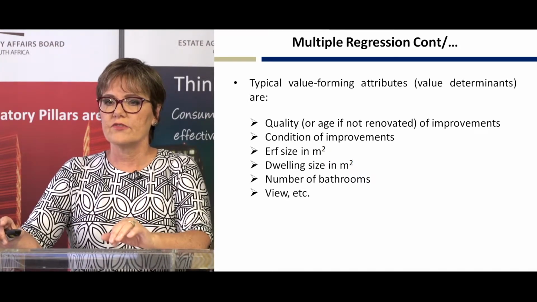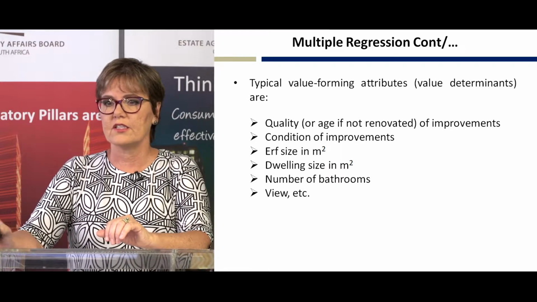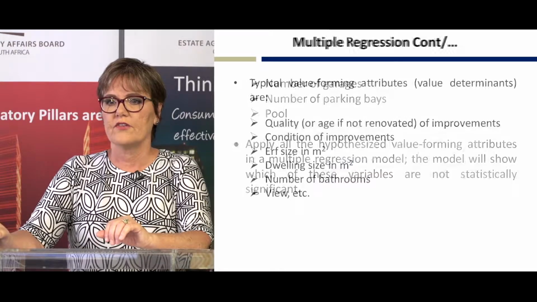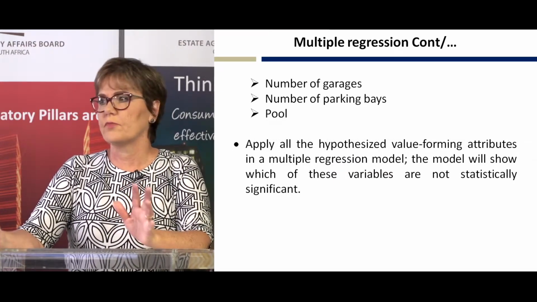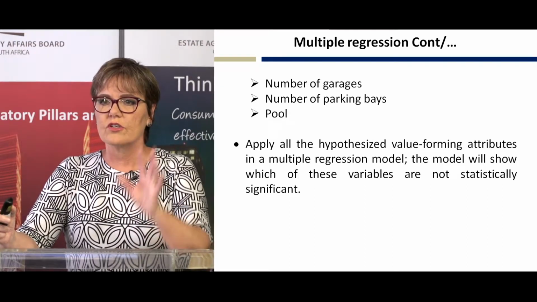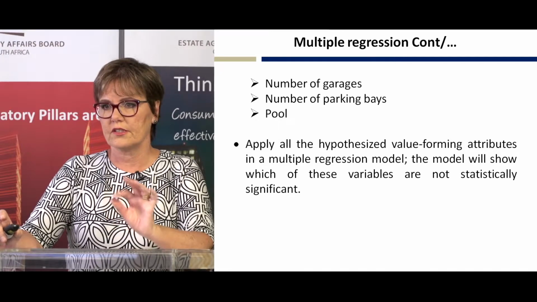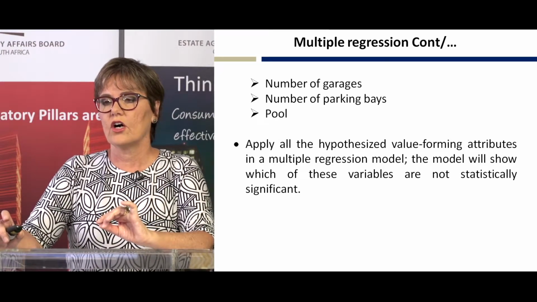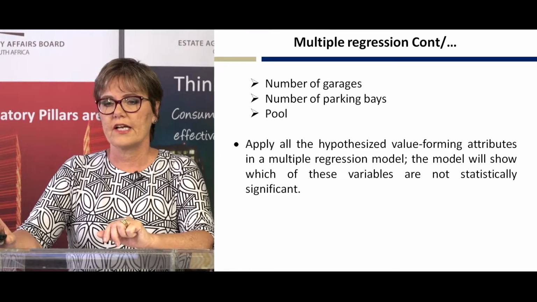But they give us earth size in square meters, dwelling size in square meters, the number of bathrooms, view, swimming pool, number of garages, number of parking bays. So each of these characteristics of the property is explicitly stated on the spreadsheet that you can buy from PropStats.